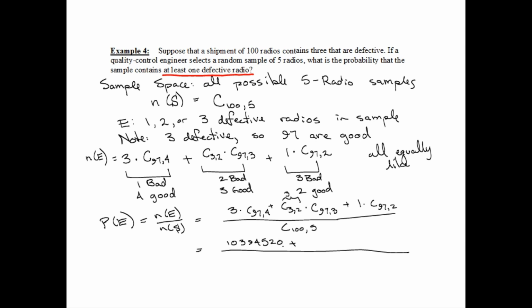Or I should say without calculating the individual combinations separately. Should end up with about 0.144.